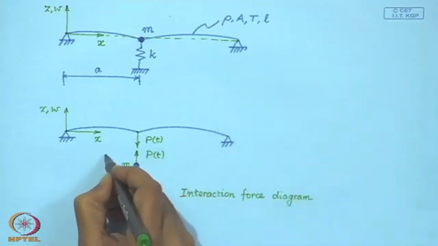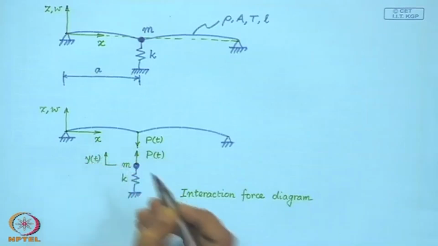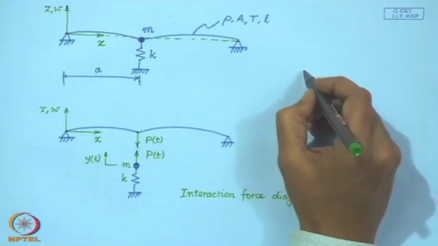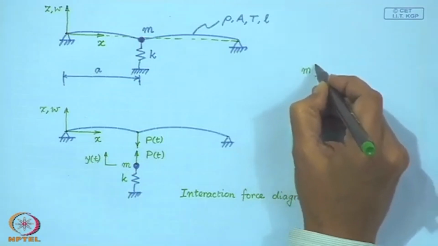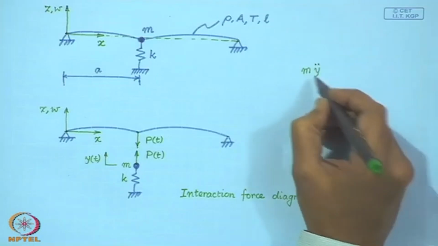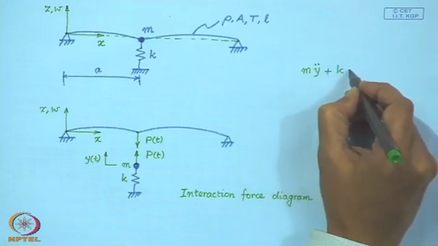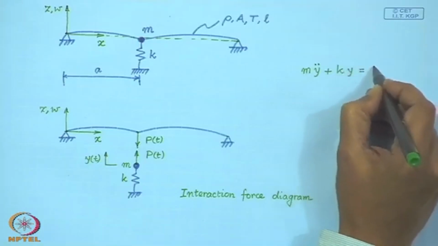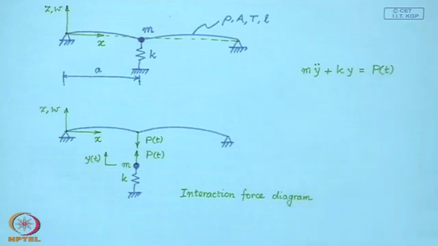If I consider the coordinate of the mass point as y, then I can very easily write m y double dot plus k y must be equal to the force.